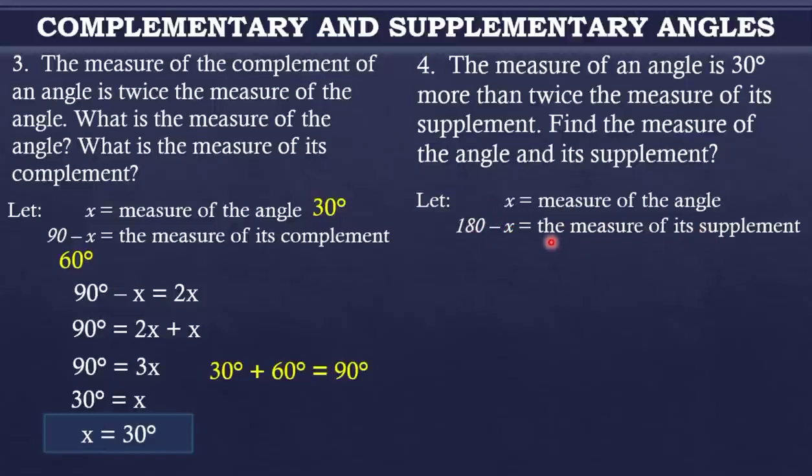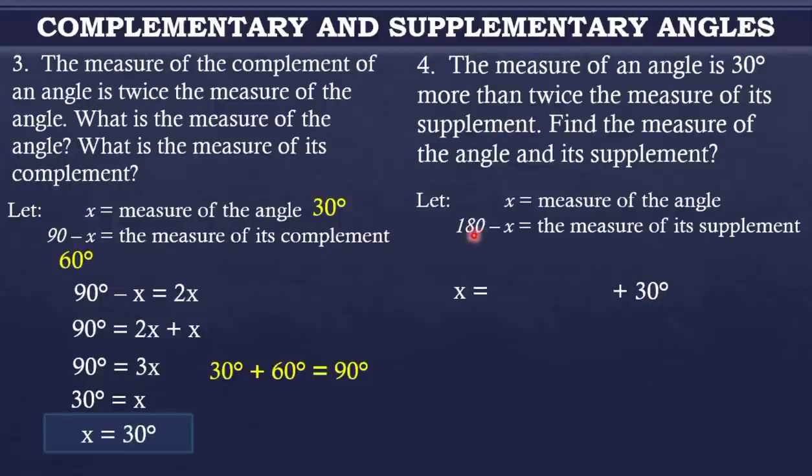Now, let's go back. How do we make the equation? The measure of an angle, that is x, is 30 more than twice the measure of its supplement.